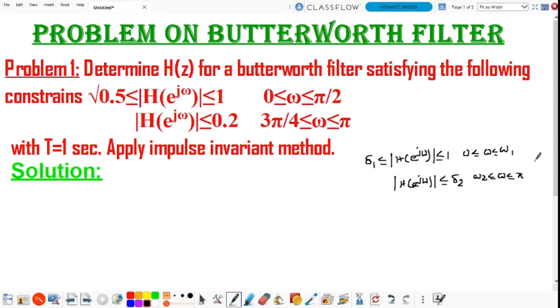So this is the standard representation of a Butterworth low pass filter.